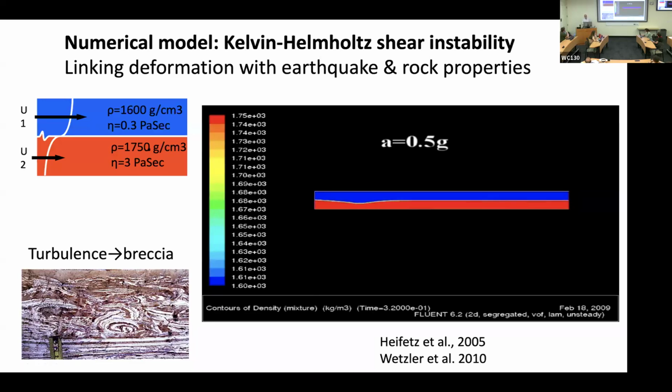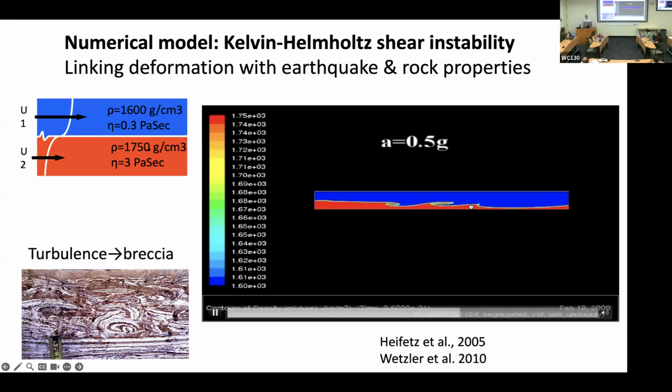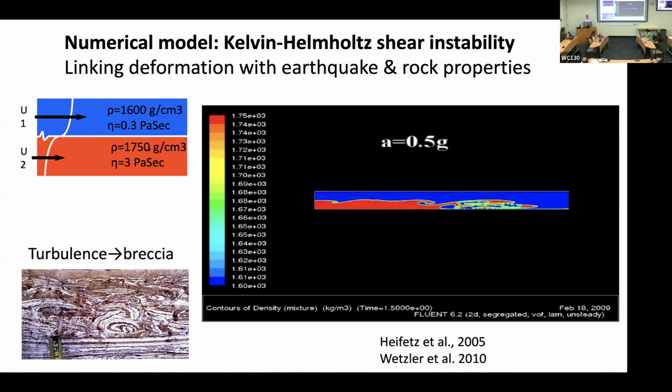So you can see the instability moves here. And then there is also a wave coming on top of it, and we are generating pressure. In this particular example, we can see a breccia formation from turbulence to breccia.